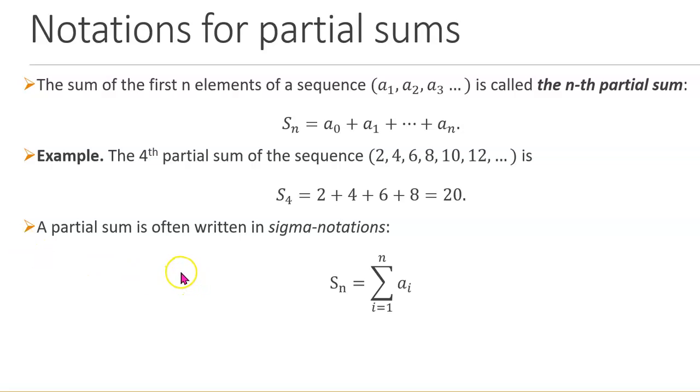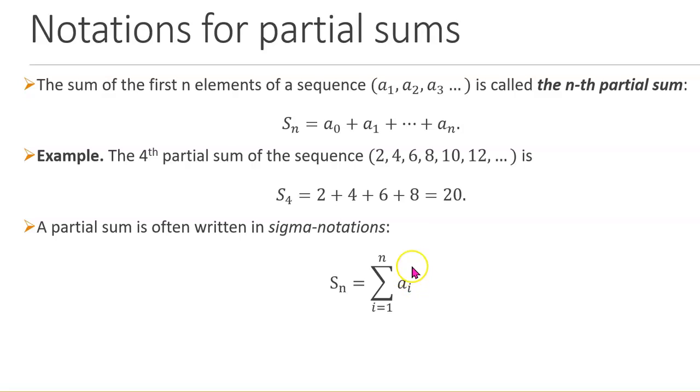Sometimes people use so-called sigma notation for writing a partial sum. So rather than write a1 plus a2 plus so on plus an, people write this Greek letter sigma, which is a summation sign, and then you indicate that your index of summation runs from 1 to n.